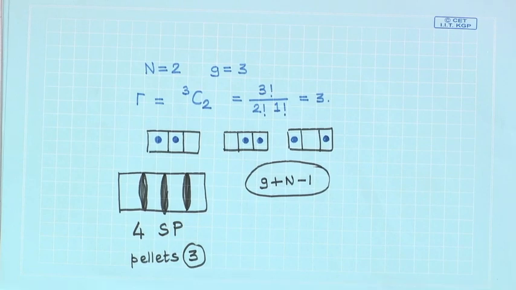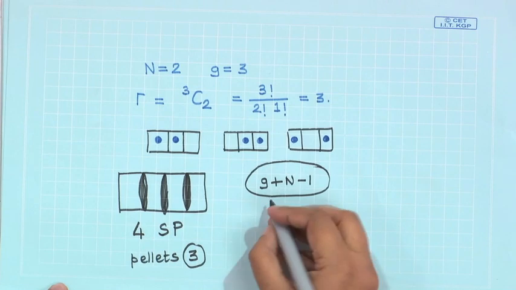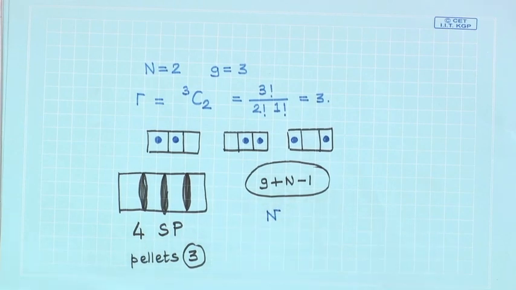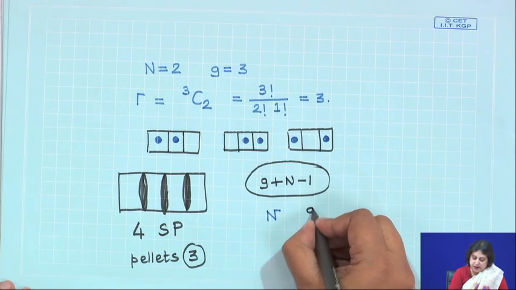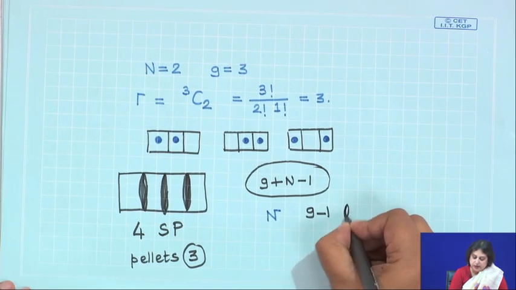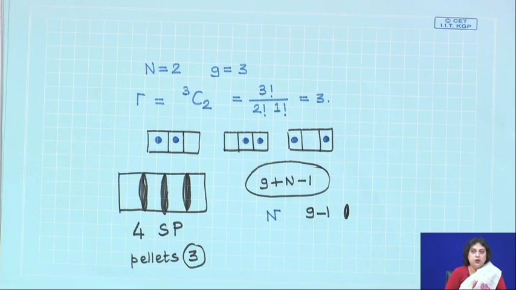But you must realize that out of them capital N are your blue balls, and G minus 1 are your pellets. Therefore, what is the number of distinct microscopic states for a given system like this?